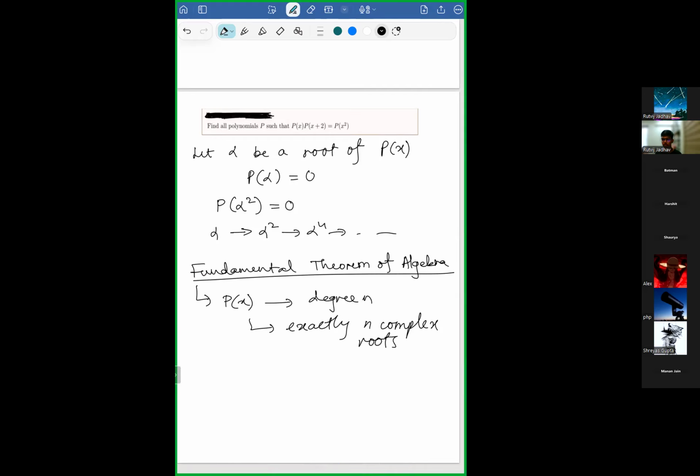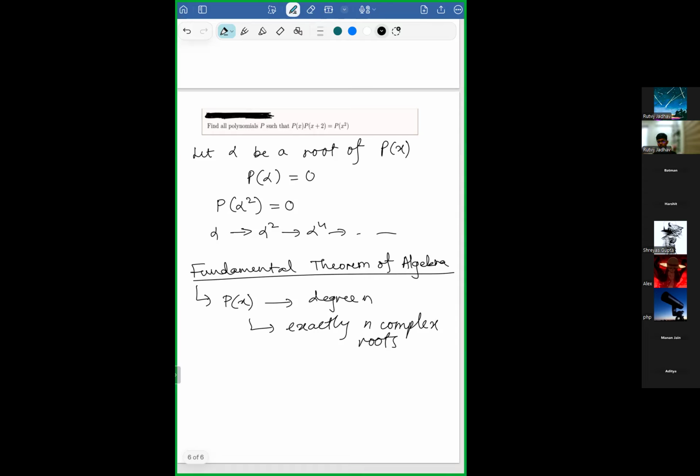The roots can be repeated, one root may occur multiple times, but there are exactly n complex roots. So clearly, a polynomial cannot have an unlimited number of roots. It has a number of roots equal to its degree, right? So after a point, alpha squared, alpha raised to 4 has to cycle back to one of the roots that has occurred previously. It can't keep on generating new roots, right?